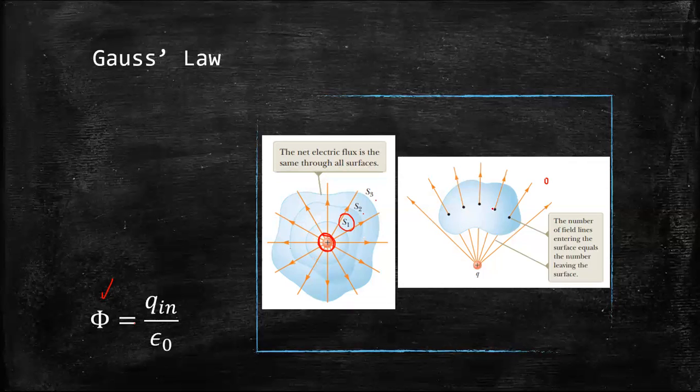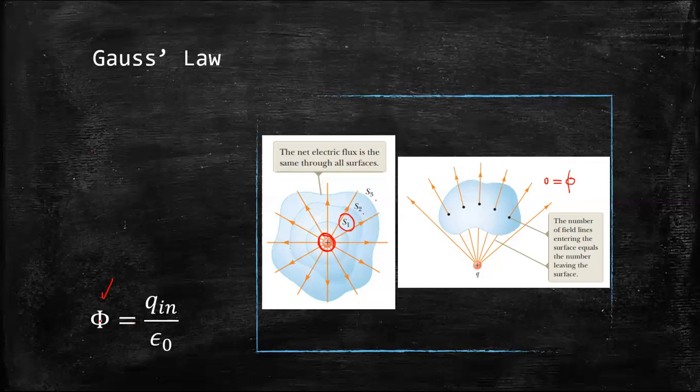And to the right, since there is no charge enclosed in the surface, there is no net flux; in other words, the net flux equals 0 in this case. This Gauss's law will be useful for me to calculate electric field under certain symmetry conditions.